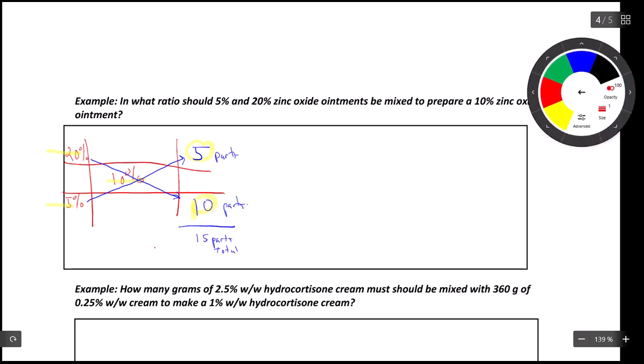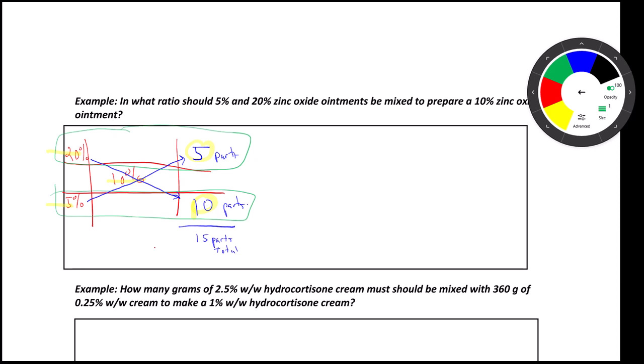So I am going to use this here, and this here. It says that I need 5 parts of the 20% every time I have 10 parts of the 5%. So that's the ratio that I'm mixing them. I'm mixing them 5 parts of 20 to 10 parts of the 5 to get 15 parts total.